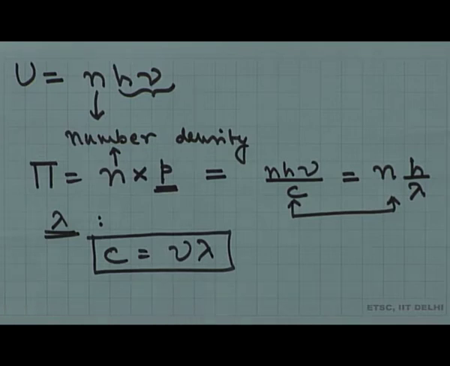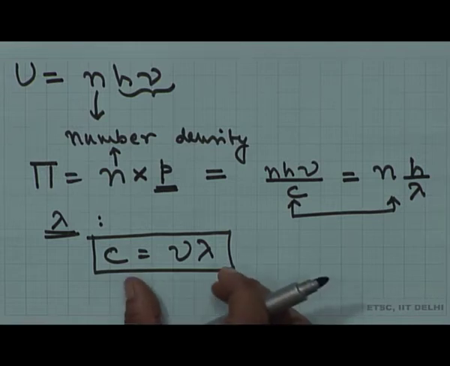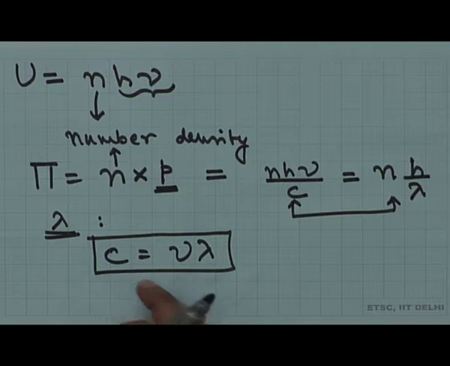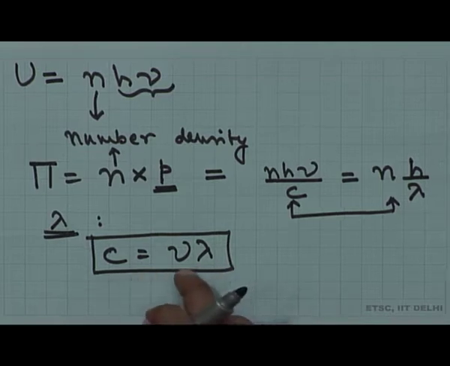So when it comes to the concept of a photon, it is in complete agreement with the natural notion of a wave, where the speed is the product of the frequency and the wavelength.